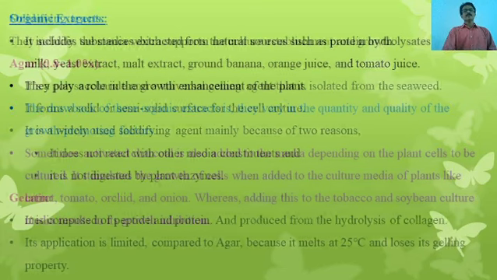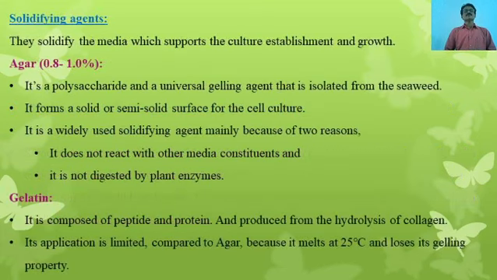The next one, solidifying agents. If you want the solid media, then you have to add the solidifying agents. Mostly agar and gelatin are used as solidifying agents. Agar is a polysaccharide, a universal gelling agent isolated from seaweeds basically. It forms a solid or semi-solid surface for the cell culture.